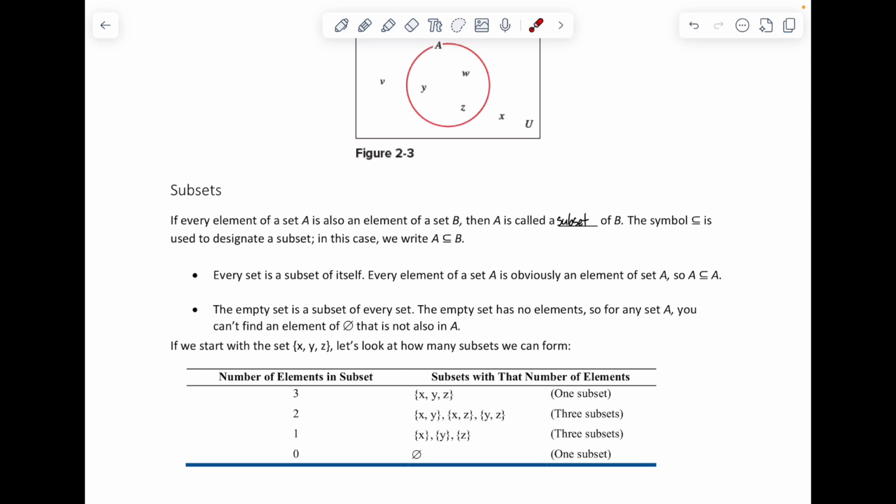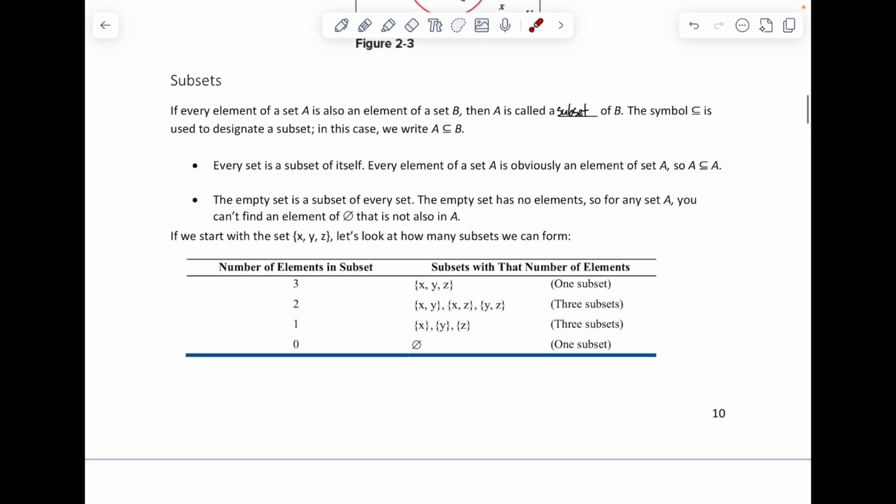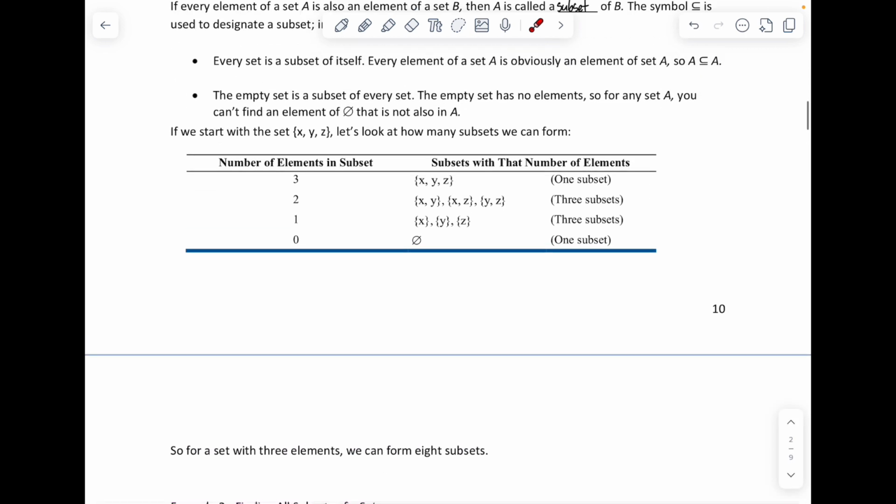So that's a total of 1 plus 3 is 4, plus 3 is 7, plus 1. Looks like 8 subsets. There's 8 possible subsets of a set that has 3 elements. So for a set with 3 elements, we can form 8 subsets.